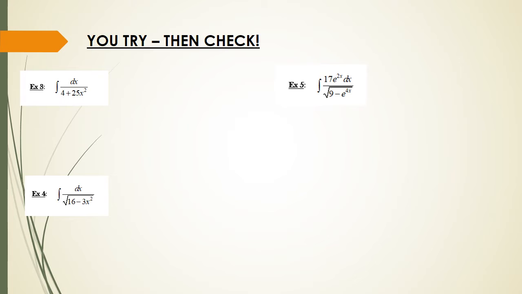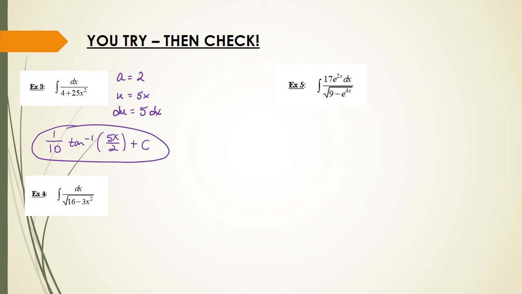For example 3, I was using a equals 2, u equals 5x, which meant du equals 5 dx. When all is said and done, the final answer in example 3 was 1 over 10 arctangent of 5x over 2, plus c.